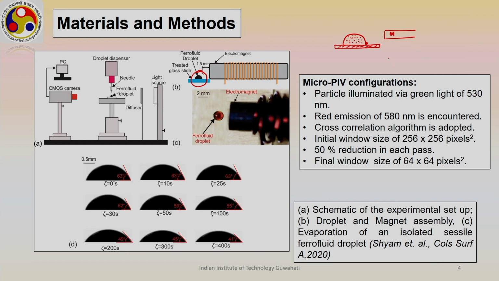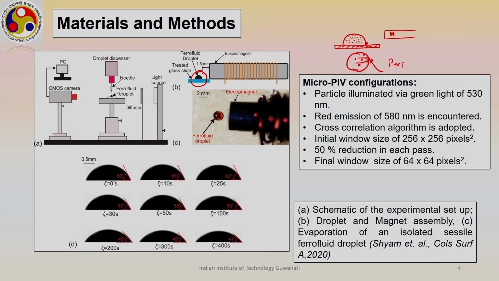If we look at it from the top view, we will find the shape is like this. So, this will be the droplet shape. Now, all the particles will migrate towards the contact line.